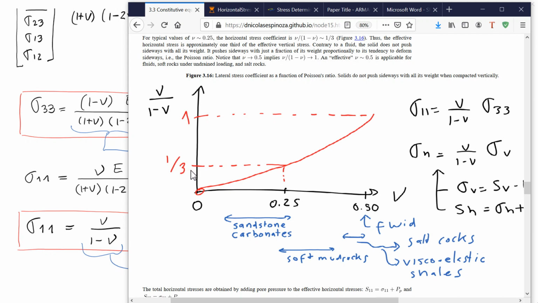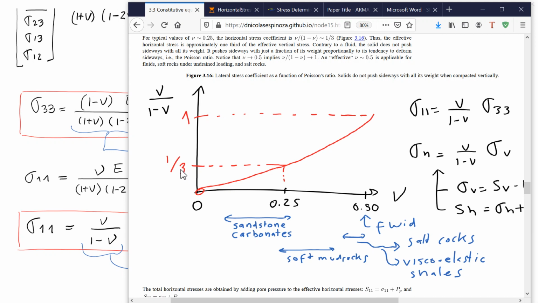And I hope that you can see the implications of this. You could rephrase this by saying that the solid, when it's compressed with a given stress, or if we think in terms of overburden, when it tries to expand to the sides, it's not pushing with all the weight it has on top.